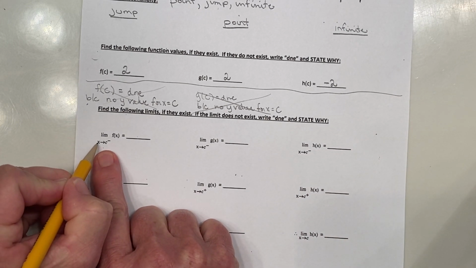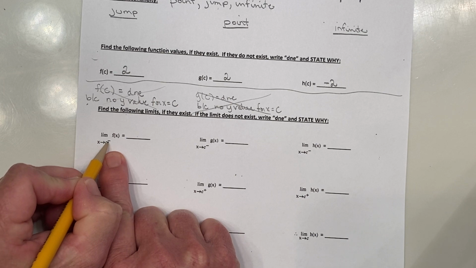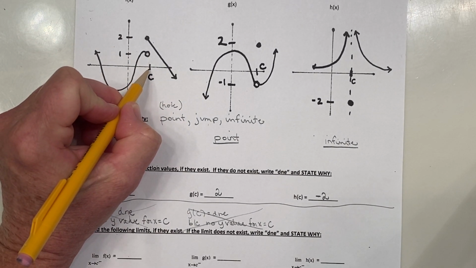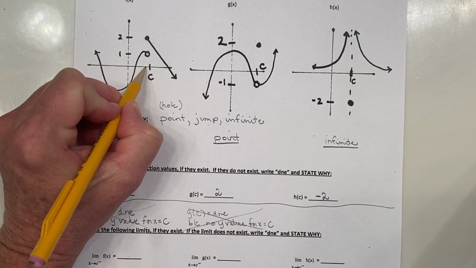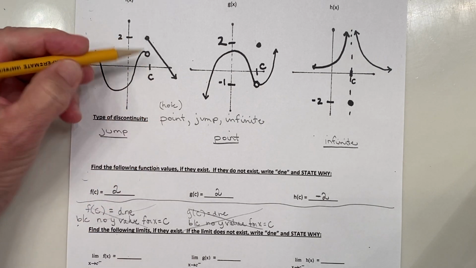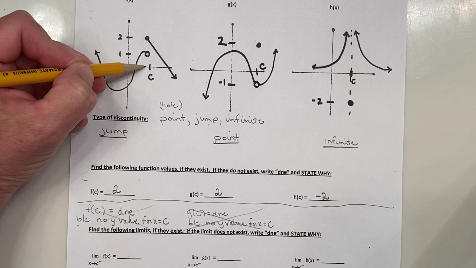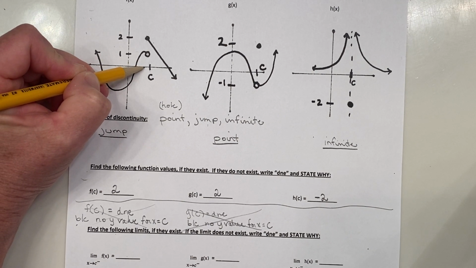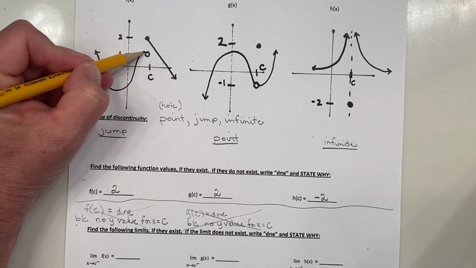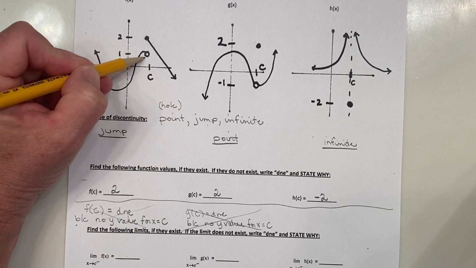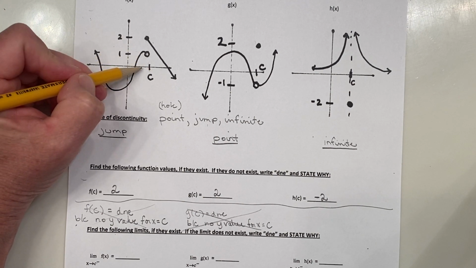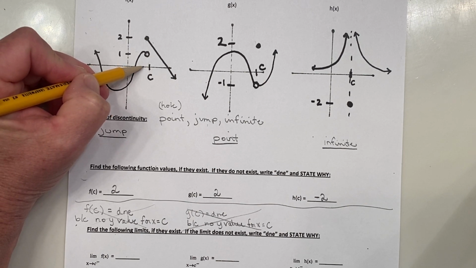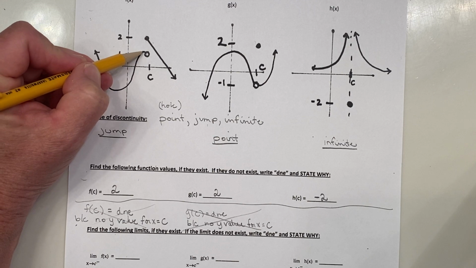All right, so as x approaches c from the left, I'm going to come up here to my graph. I'm going to real quickly put myself on x equals c, but I'm going to move to the left of x equals c. So right over here, real close. Don't move too far away from x equals c, because the idea of a limit is the x values of points on the graph are getting closer to that c value. So I'm at x equals c just for a moment. I move to the left, I jump up on the graph, because here's where it's at.